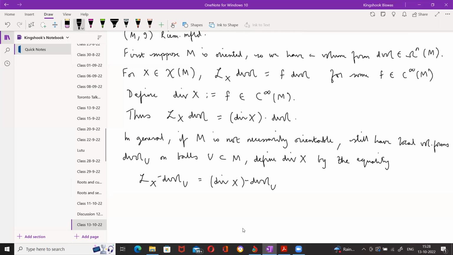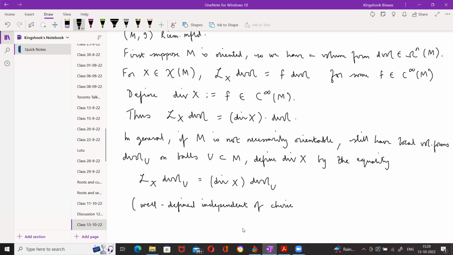Indeed, L_X of minus dvol_U is minus L_X of dvol_U, which is minus div X times dvol_U, which is div X times minus dvol_U.